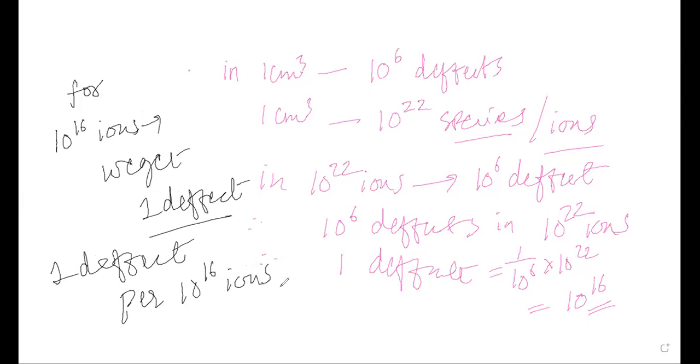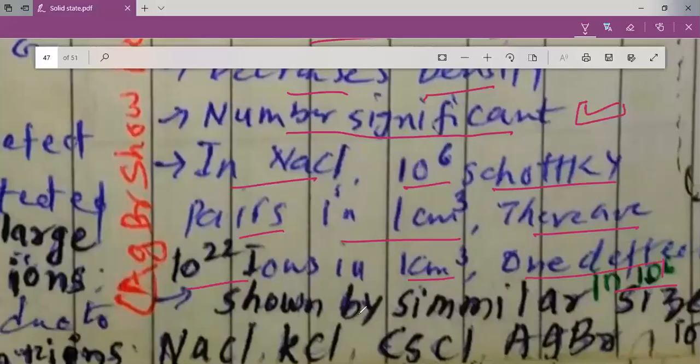That is what we can easily say in case of the Schottky defect. So if we have Schottky defect, we will have one defect per 10 to the power 16 ions.